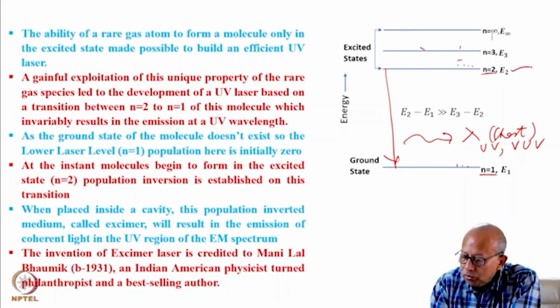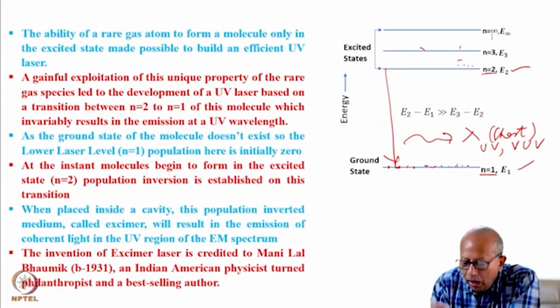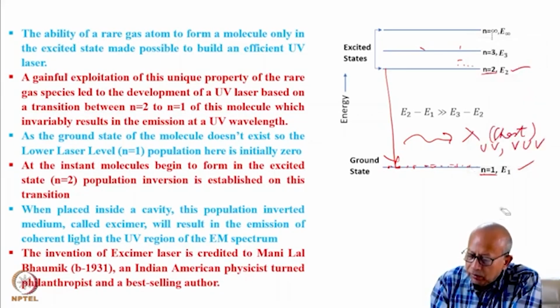from E2 to E1. Now, in the beginning, all your atoms, suppose we are considering the case of an atom, are residing here. Therefore, to create population inversion between this level and this level, you will have to take at least half of them to this level.